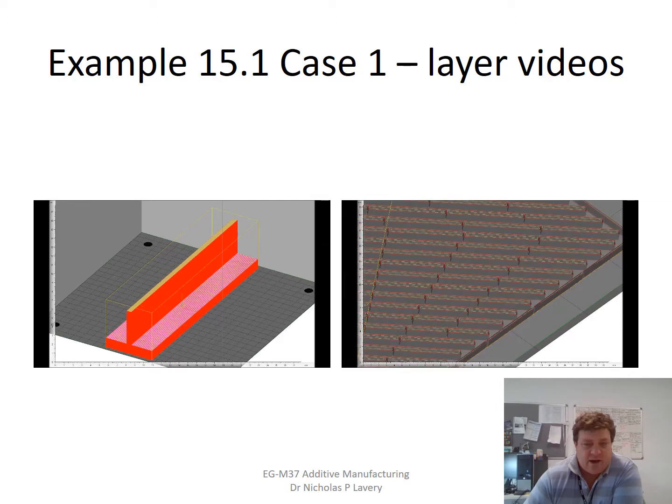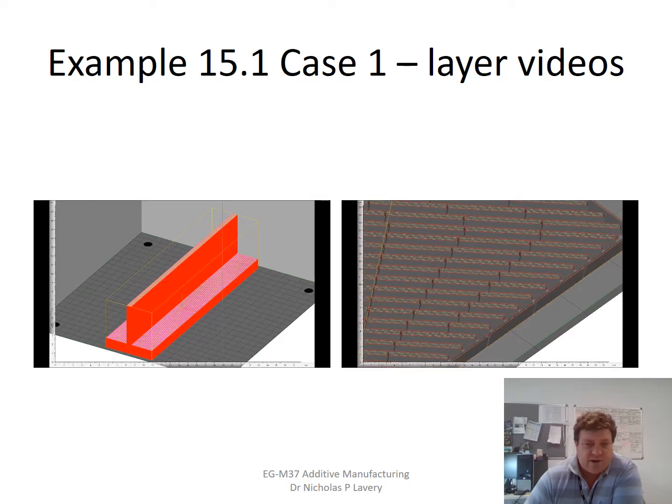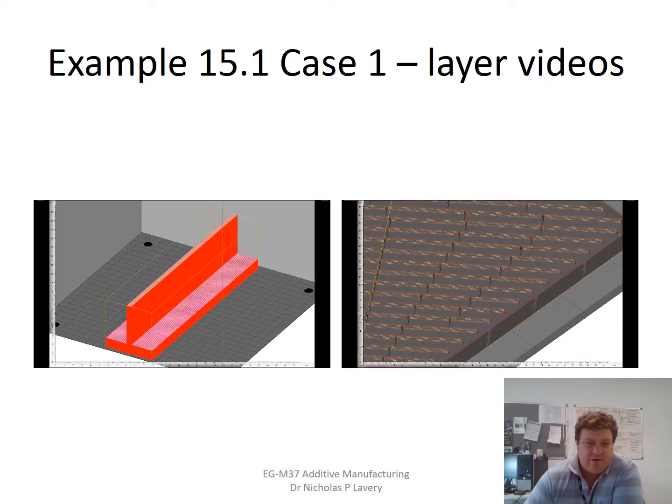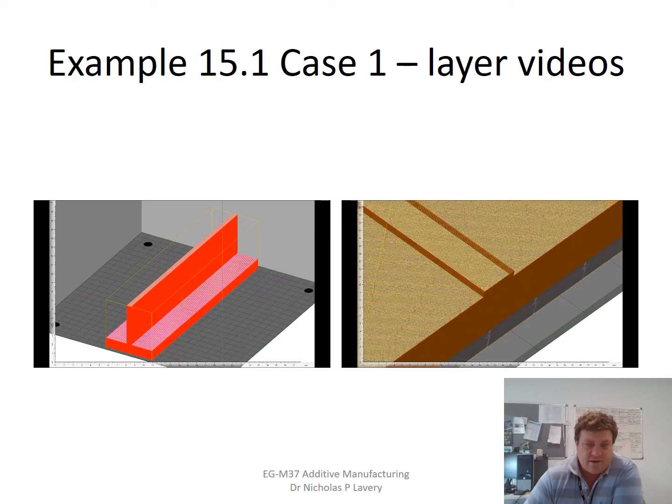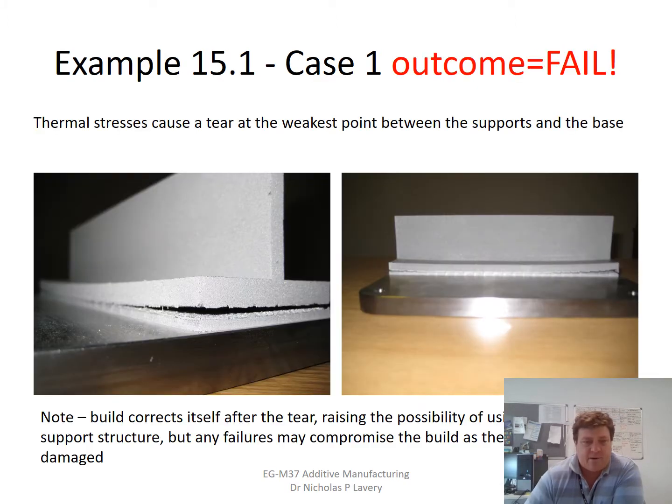You can see in the first instance the support structures being built up underneath, and that goes into the main base of the part. Each of these yellow lines, which is very difficult to distinguish, is actually the laser path. You're going up now into the wall being built up. So that's the theory. Now, what happened in practice? Well, the thermal stresses were so high that they managed to tear the part during the build.